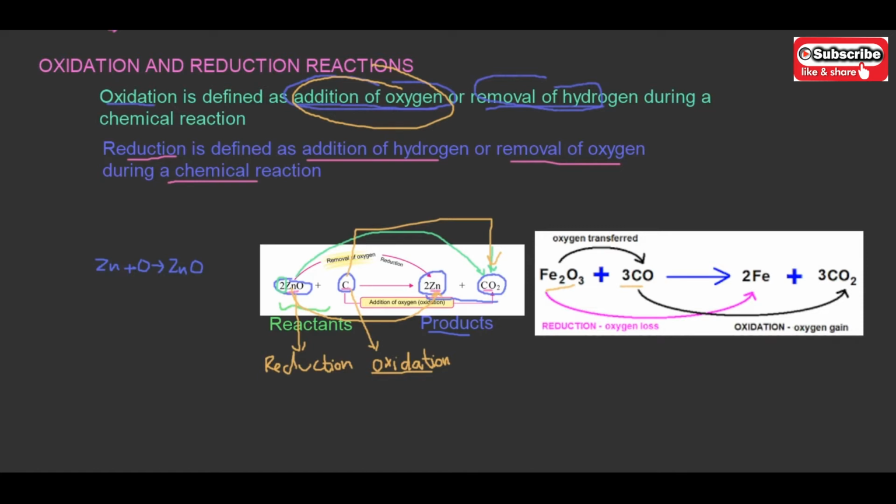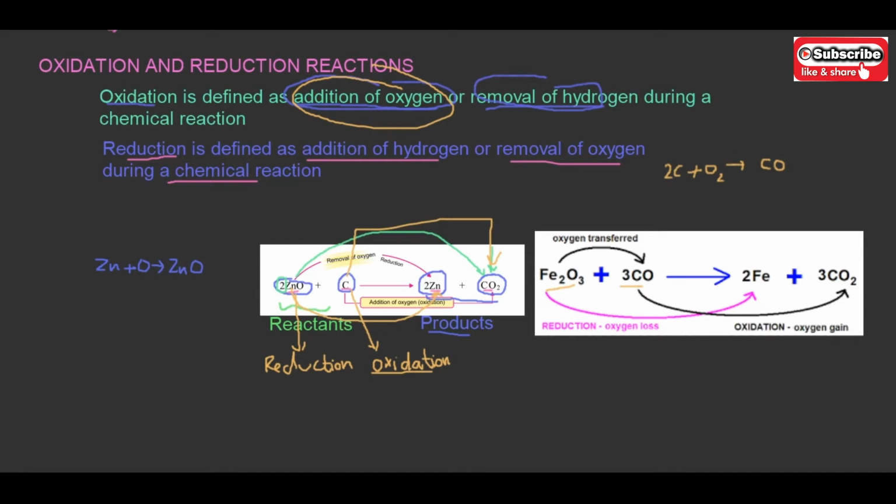Coke means carbon, and this reaction occurs in a blast furnace. The carbon atom first reacts with air. What is air? Air is oxygen, and when carbon reacts with air or oxygen, it forms carbon monoxide.